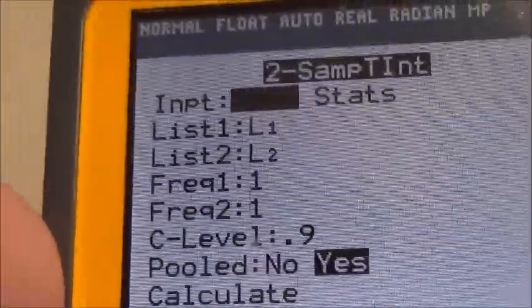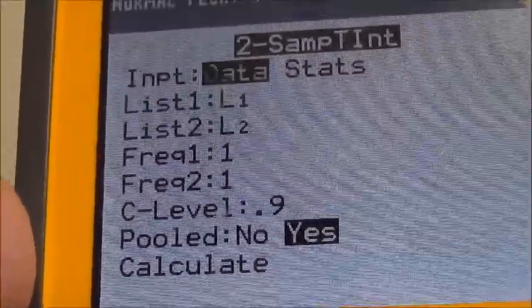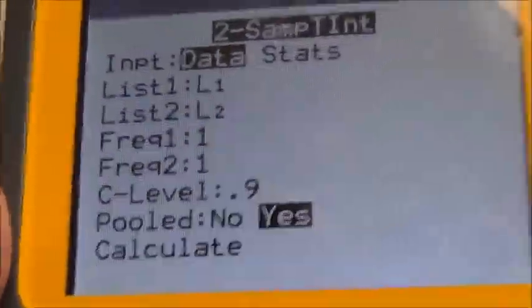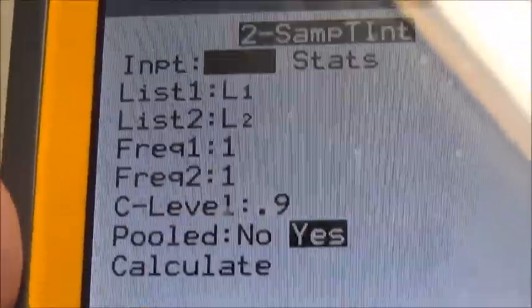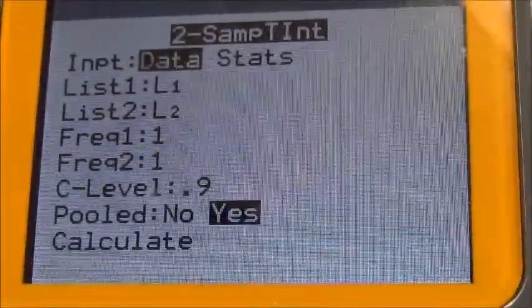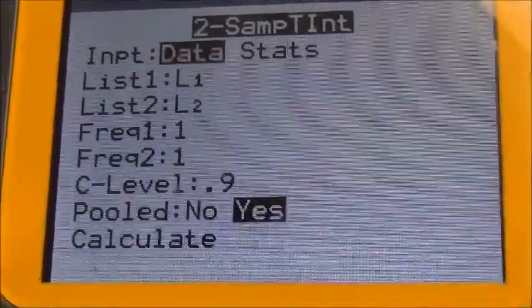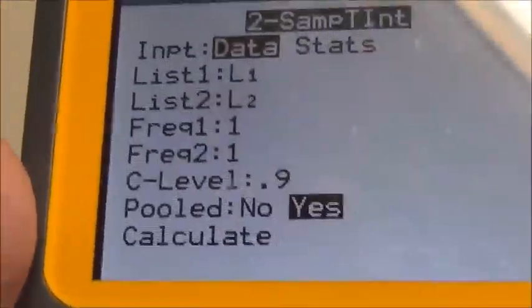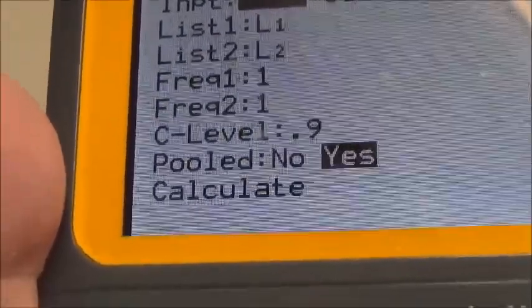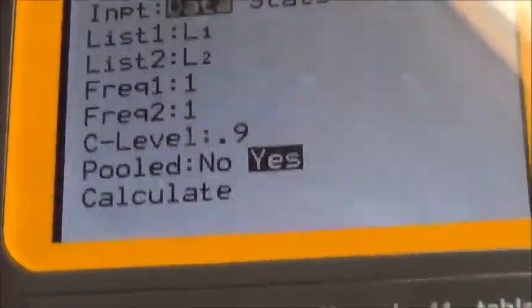So first one here, we have the data. We've put it in list 1 and list 2. The frequencies are just both going to be 1. And my confidence interval on this one was at the 10% alpha level, so the 90% confidence level. And then it asks you if you want it to be pooled or not. So on Alex, I have found that you do want to have pooled highlighted.